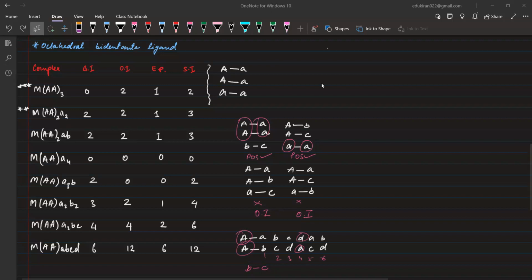So with this, coordination compound is completed. Now we are going to start with organic chemistry.